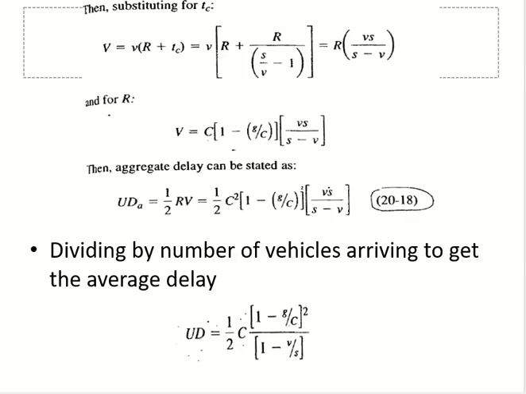If you divide the total by the number of vehicles, it becomes the average. The first equation is for total delay, the last one is for average delay. Clear or not? Any questions?